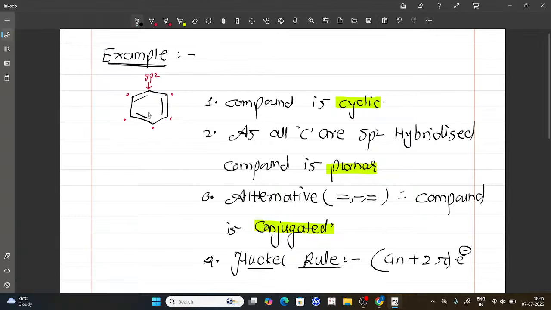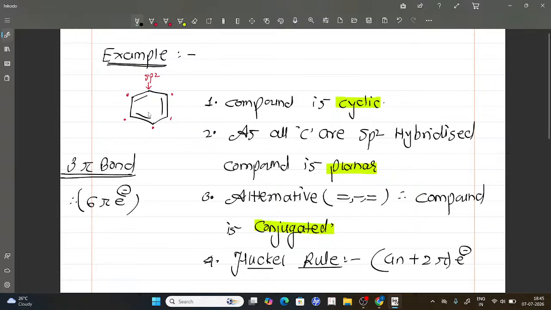Every pi bond carries 2 electrons, है ना? Each bond carries 2 electrons. So how many pi bonds are present here? There are 3 pi bonds present here. Okay, our system has 3 pi bonds. Therefore, every pi bond carrying 2 electrons, 6 pi electrons are present in our compound.